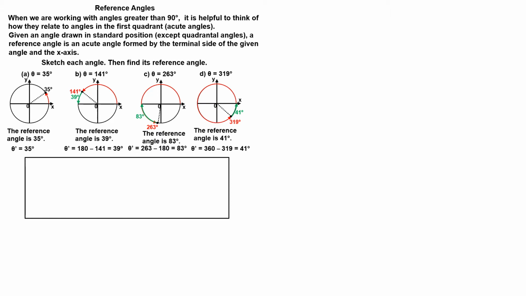We can summarize all of this in the following table. If the angle is in quadrant 1, the reference angle is the angle itself. If the angle is in quadrant 2, the reference angle is 180 minus the angle.